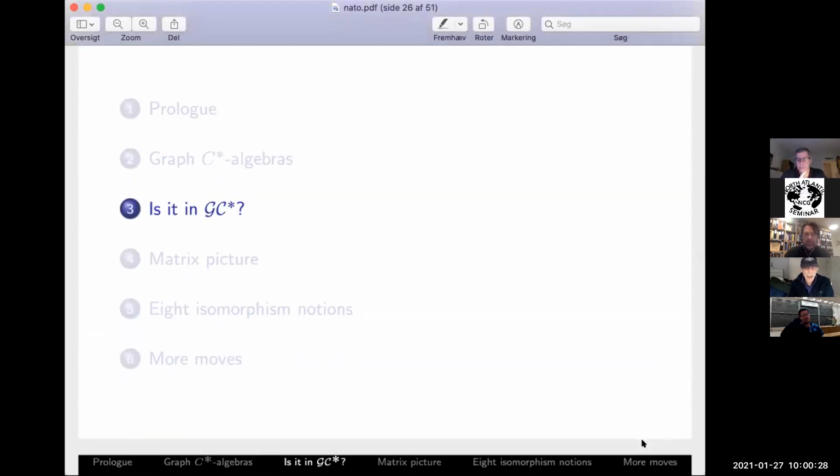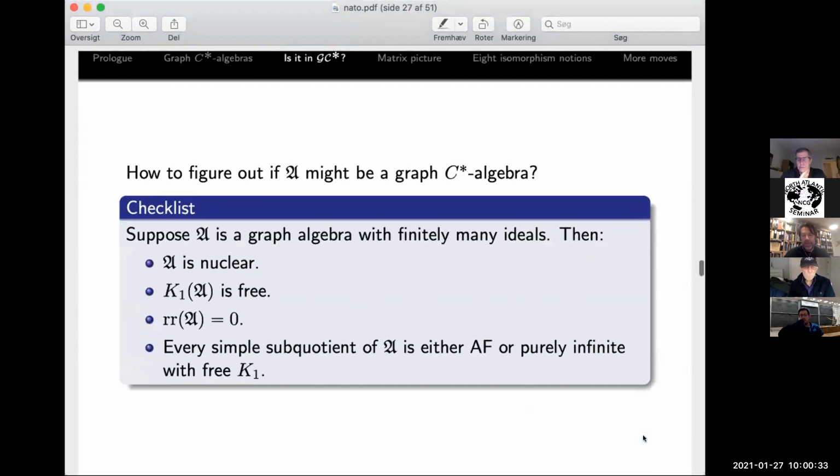Now a few words about the limitations of this, right? The whole idea of this business is that we have a nice classification theory for graph C-star algebras. And then we also have the observation that graph C-star algebras seem to turn up in lots of settings. So there seems to be some sort of tendency that if you have C-star algebras that look a little bit like a graph algebra, then they actually are graph algebras.